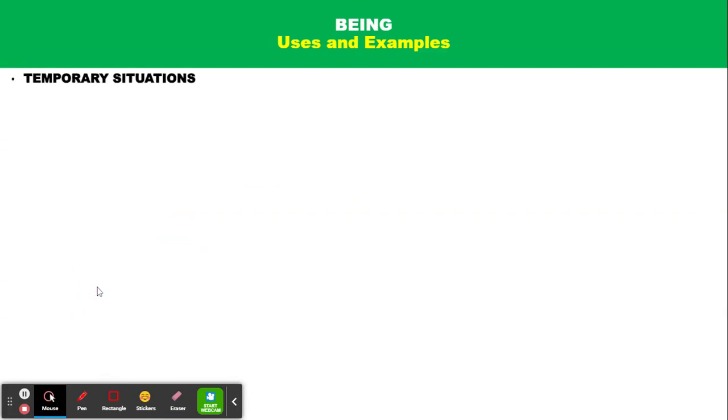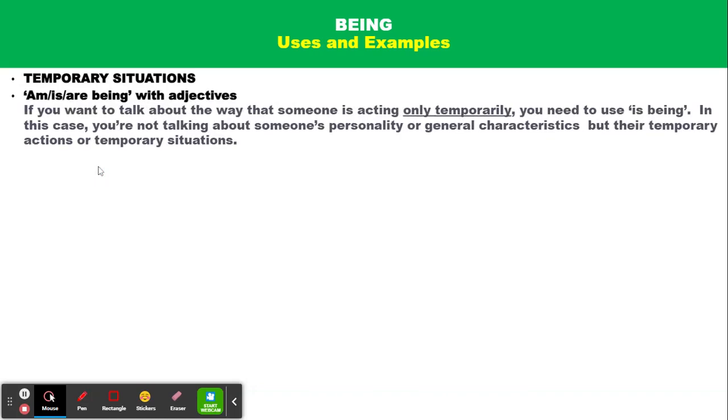Now, still on uses and examples of being, we can use being to talk about temporary situations, okay? We use am, is, or are being with adjectives. That's another aspect of its usage.